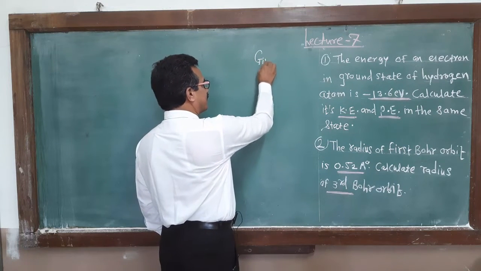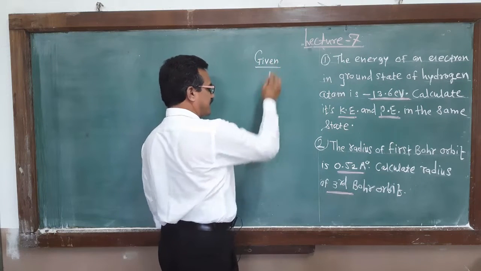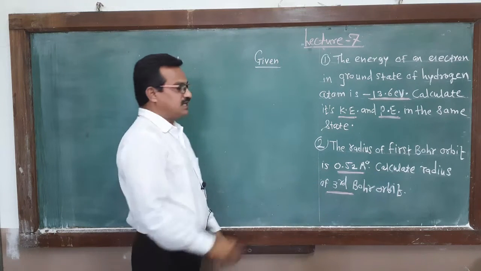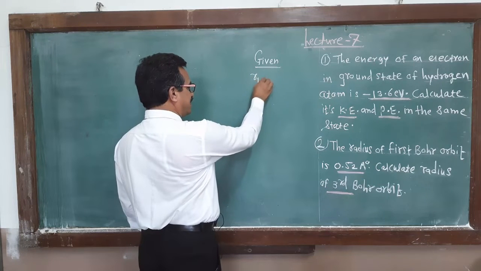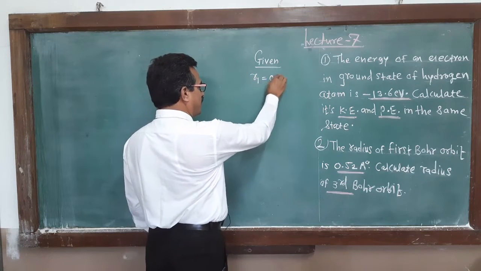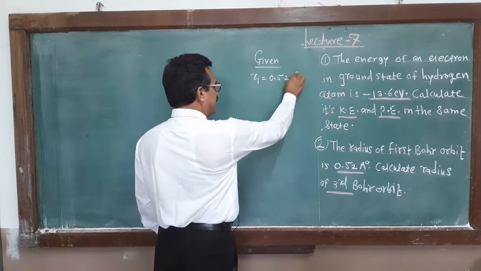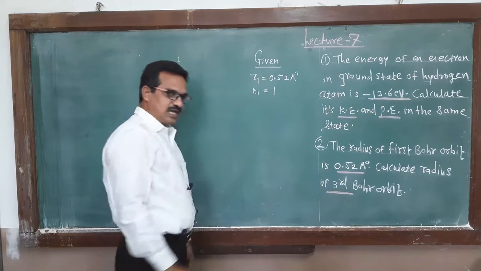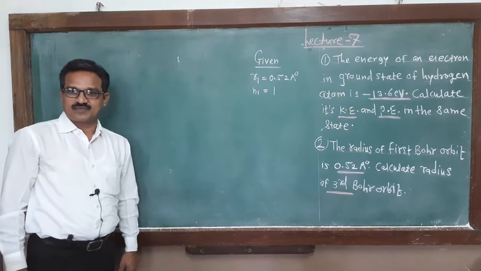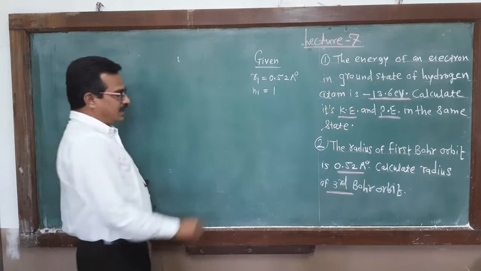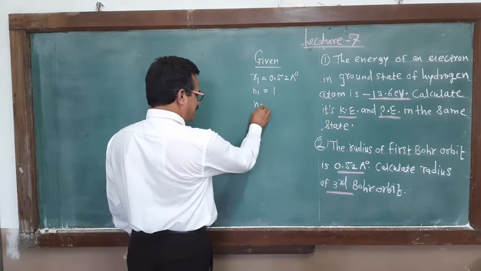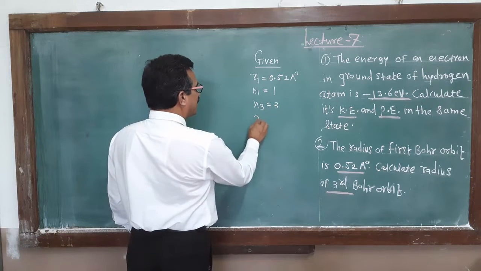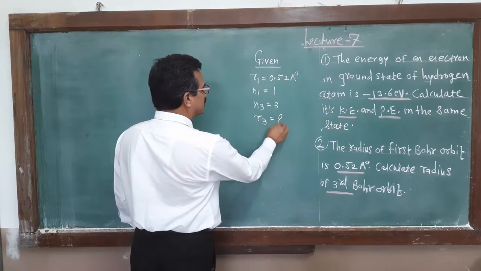The radius of the first orbit is given, that is r1. r1 is equal to 0.52 angstrom, and for the first orbit we suppose n1 is equal to 1. And for the third orbit n3 is equal to 3, and we want to find the radius in the third orbit.